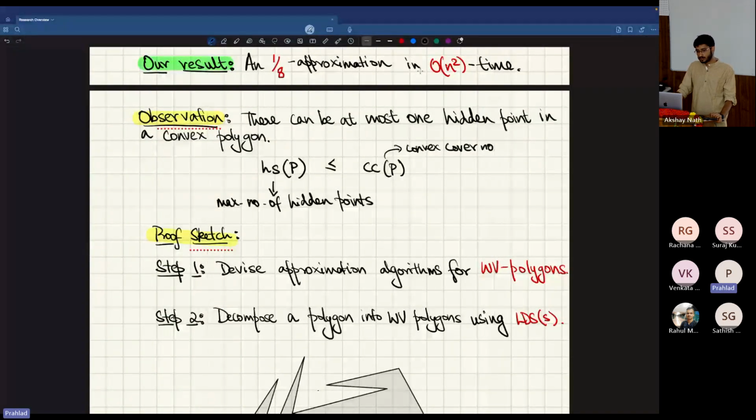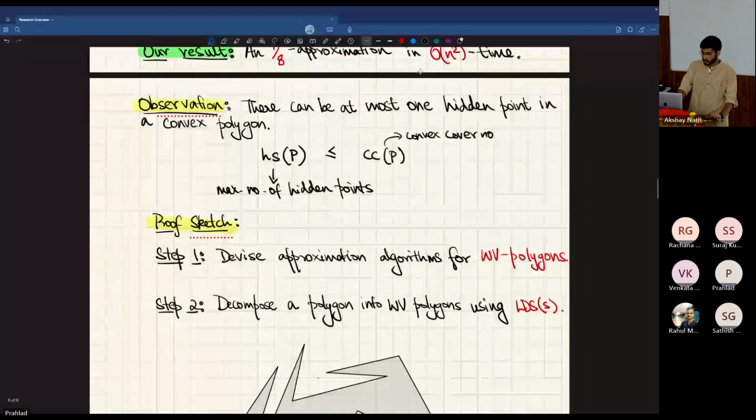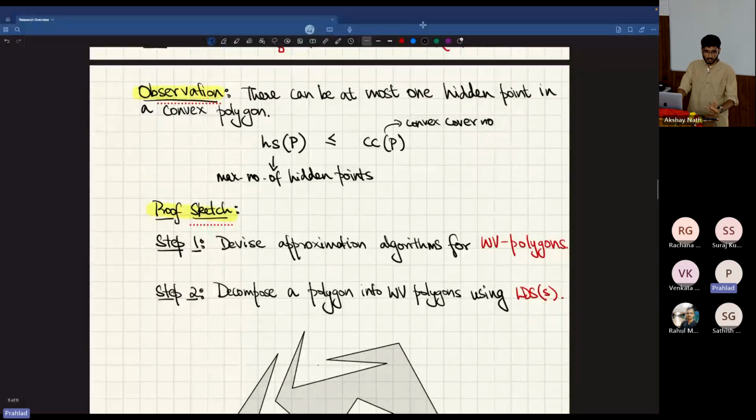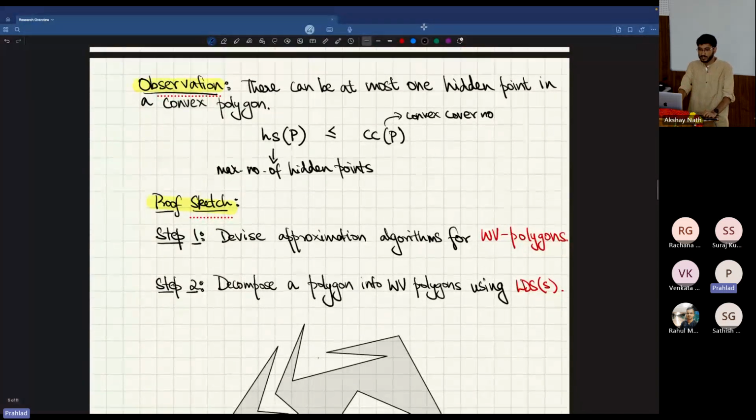And it might also not cover the entire polygon, so there might still be white spaces left. So the inequality is okay. This is really the main thing that we're going to use.